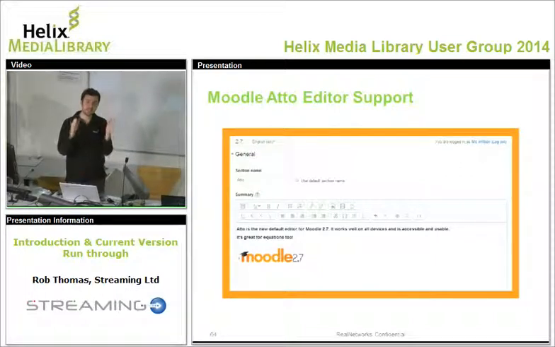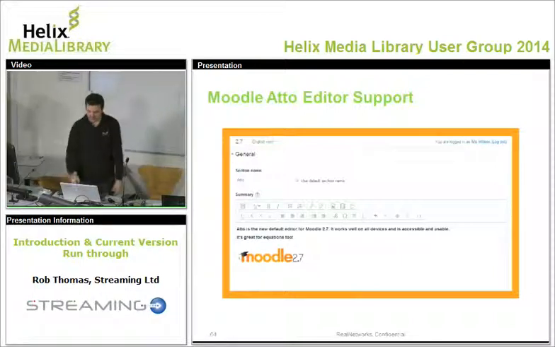So you can still use TinyMCE as a grayscale editor, not with coloured icons, so it looks essentially the same. But when you go to 2.7, I've been told it is, under the hood, an Atto editor rather than a TinyMCE. Yeah, it would be on 2.7. 2.6, I'm not sure. What I've been told is that it is 2.7 or above, but I'm willing to be corrected by people that use Moodle every day.